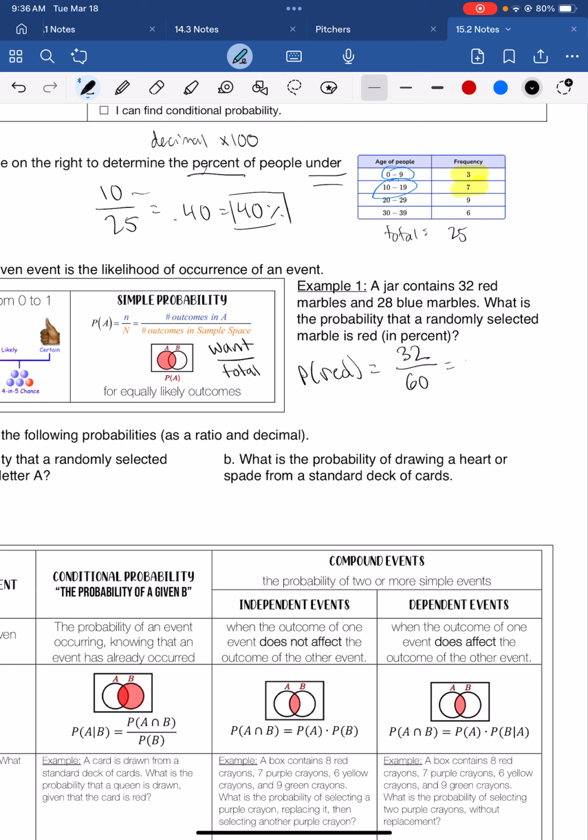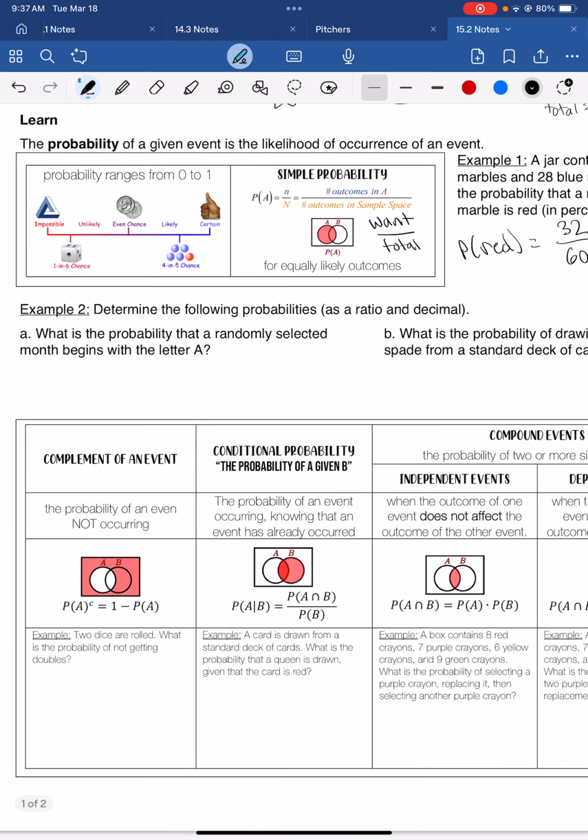We can reduce this down by dividing both the top and bottom by 4, or just typing it in our calculator. You'll get 8 over 15. And since we want it in percent, we typed that in our calculator, and you're going to get 0.53, which will give us 53% there. All right. Let's take a look at the next one.